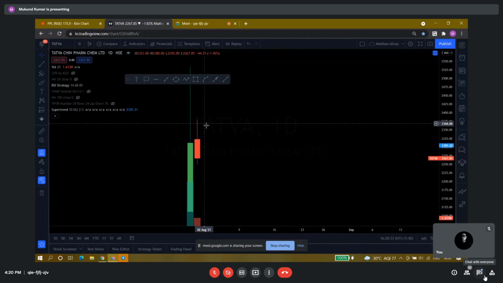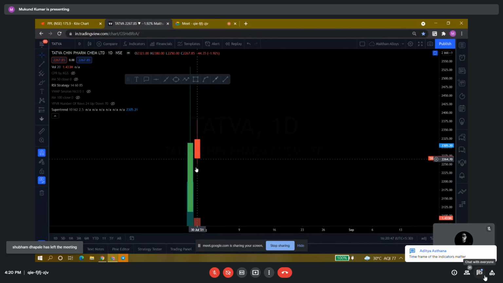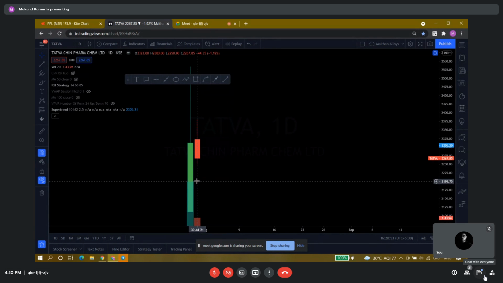So if you have researched this company, you can wait obviously with this lower level as a stop loss. Or if you don't have conviction on this stock, you can switch to another stock. That is the basic thing. But if it is a fundamentally good stock and you have strong conviction on it, then obviously you can wait.